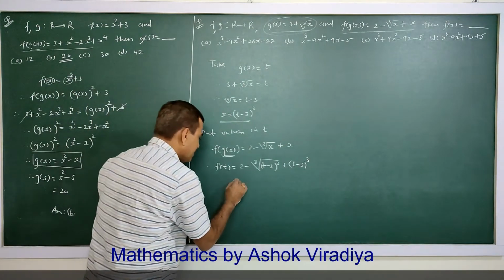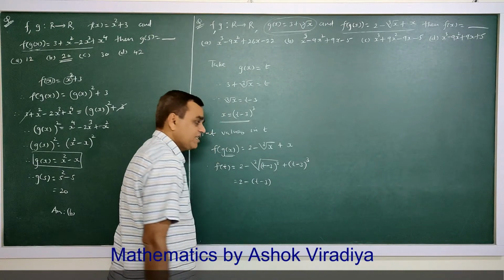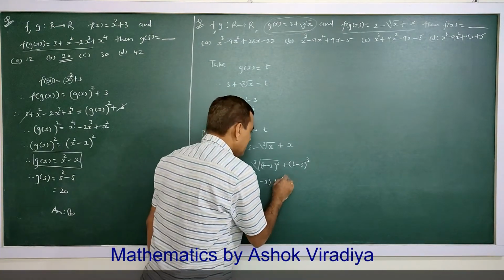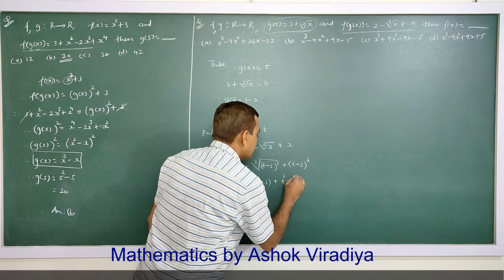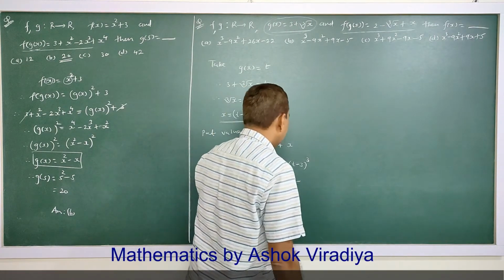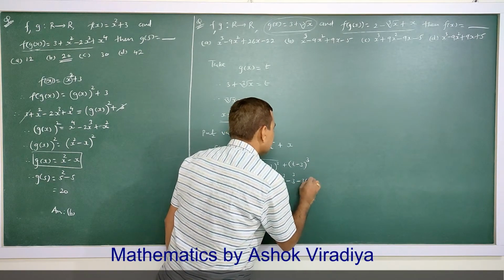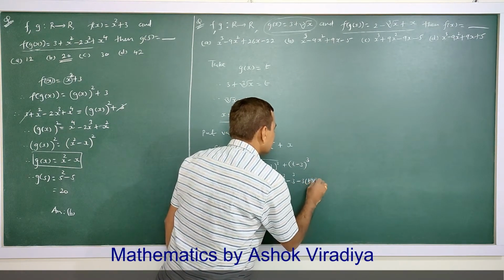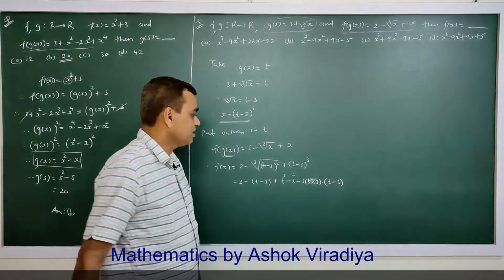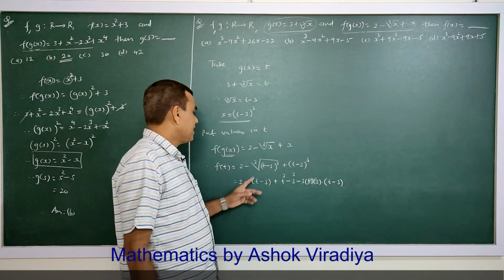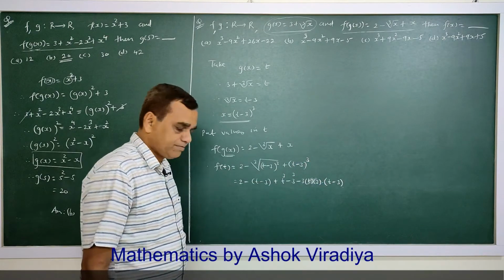So simplifying this, 2 minus (t minus 3), plus (a minus b) whole cube, which is a cube minus b cube minus 3ab into (a minus b).